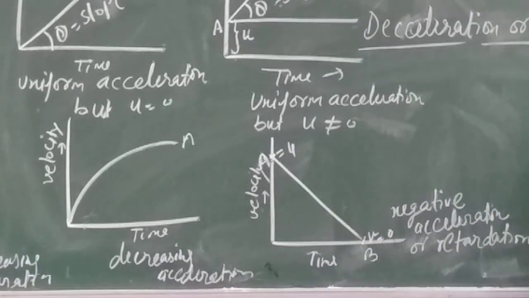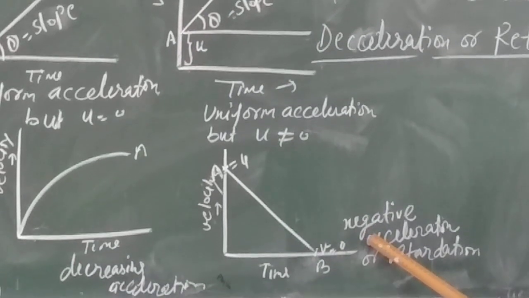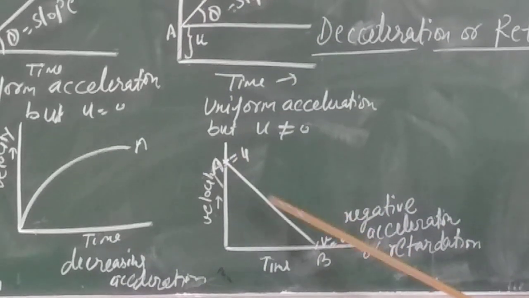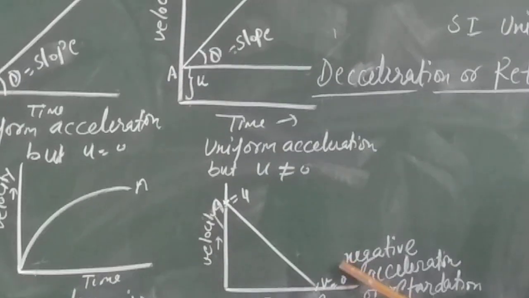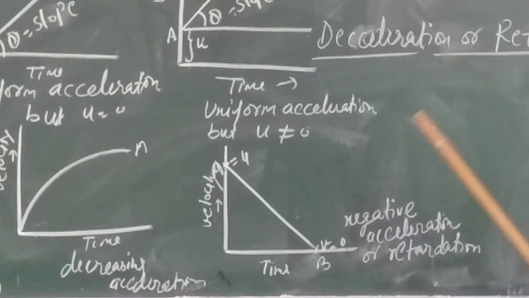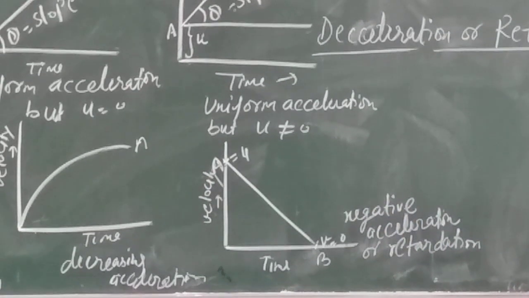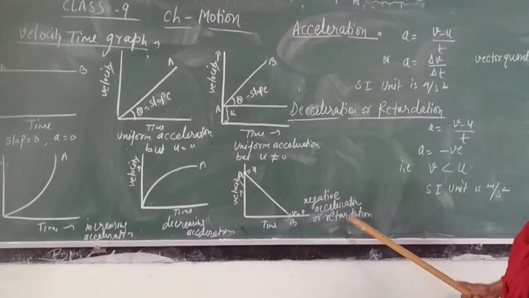In this figure, initial velocity is u and final velocity is v, which is 0. It means the graph is a straight line, but the final velocity will be less than u. Therefore, this is a deceleration or retardation.